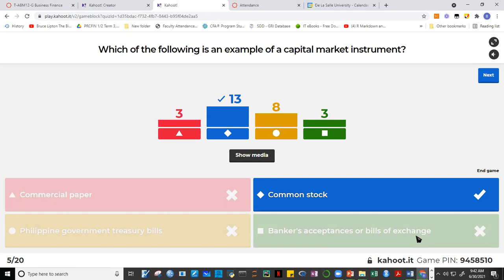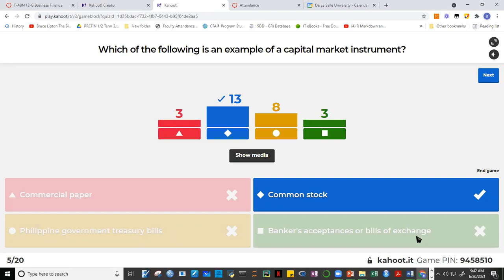Tapos, ang nag-issue niyan yung bangko na parang sinecertify niya o ina-assure niya na babayaran niya yung amount na yan at a specific point in time. Okay, usually, less than 1 year din. So, halos walang risk yan. Kasi kunyari, ang nag-issue niyan si BPI o si BDO o si Metrobank. So, alam natin na babayaran yan ng mga bangko kasi these banks are very liquid and kaya-kaya nilang bayaran yan.